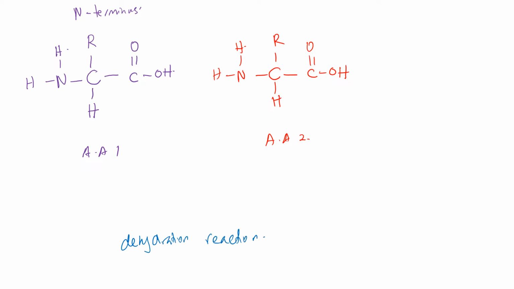Okay, so in this reaction, from the amino group of the second amino acid, which is the amino acid to be added to the chain, the hydrogen atom will be removed, and then on amino acid 1, the OH will be removed. These two atoms will combine together to form a water molecule.